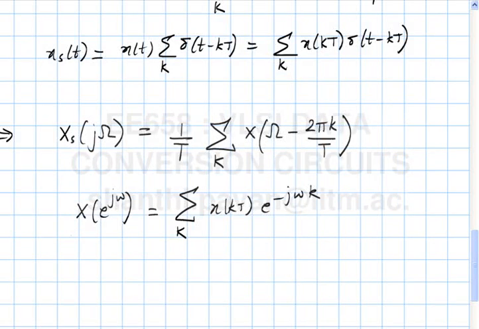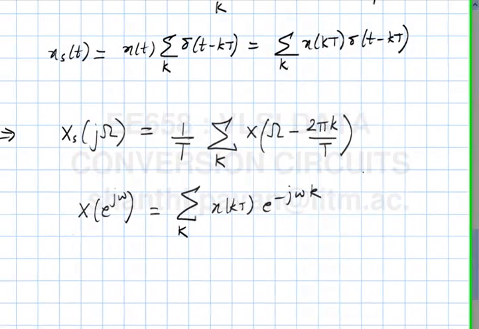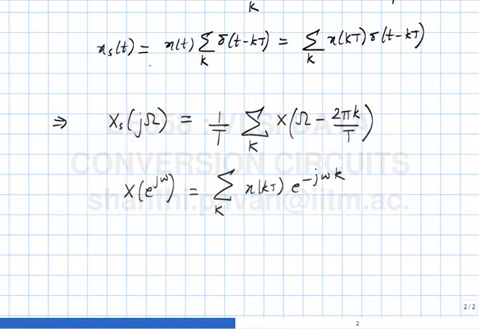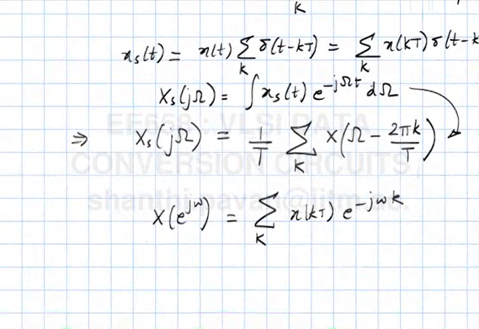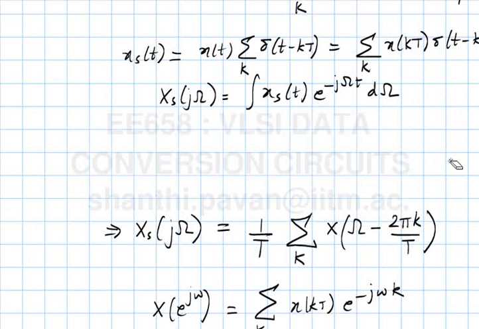Therefore, it follows that Xs of j omega is nothing but the Fourier transform of xs of t, which is the definition, and that we found to be equal to this. And what is the integral of xs of t e to the minus j omega t?